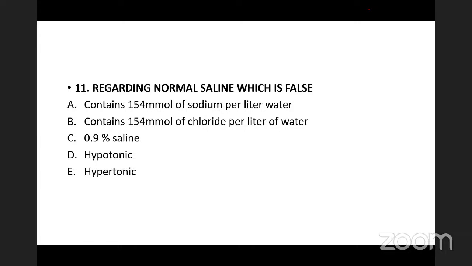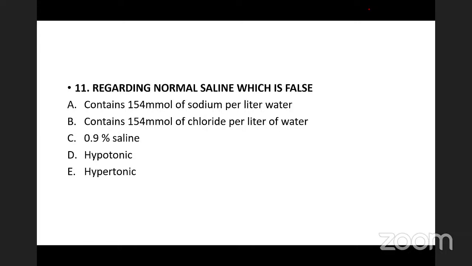Regarding normal saline, which is false? A: it contains 154 millimoles of sodium per liter of water. B: it contains 154 millimoles of chloride per liter of water. C: 0.9% saline. D: hypotonic.